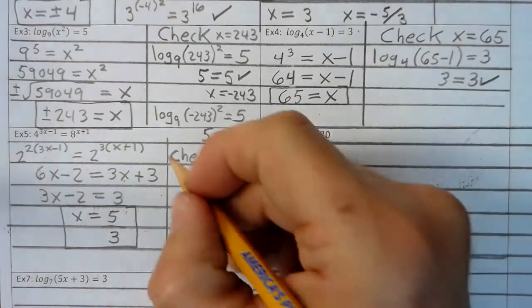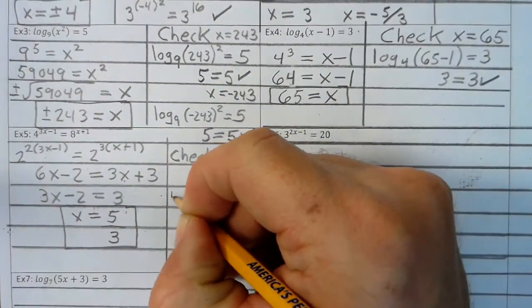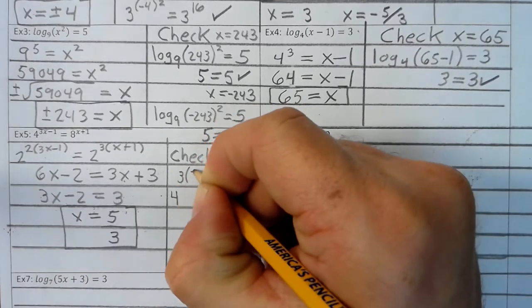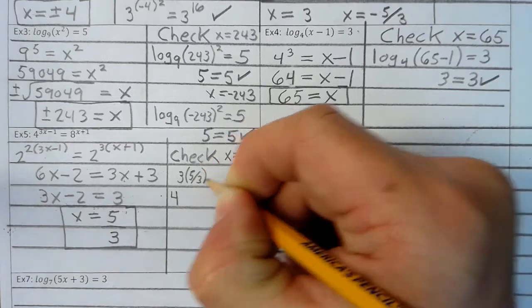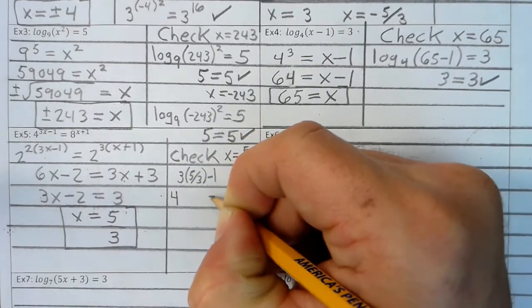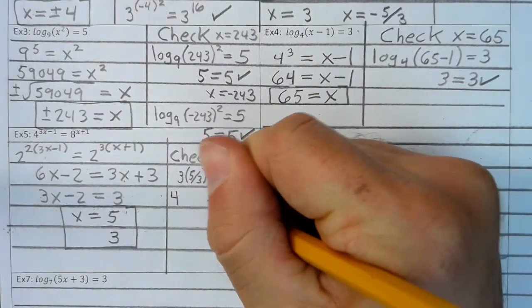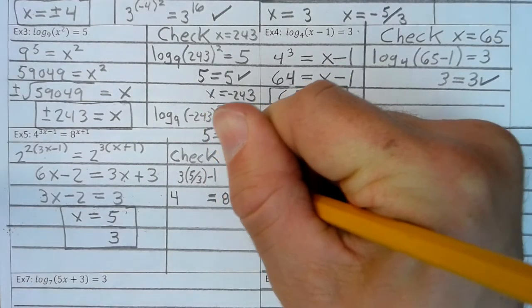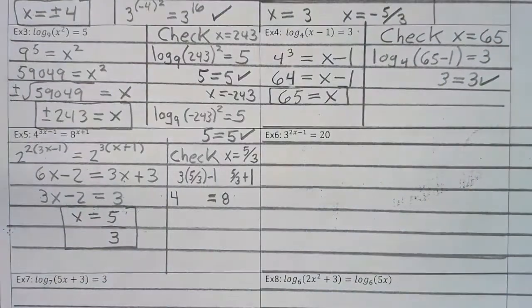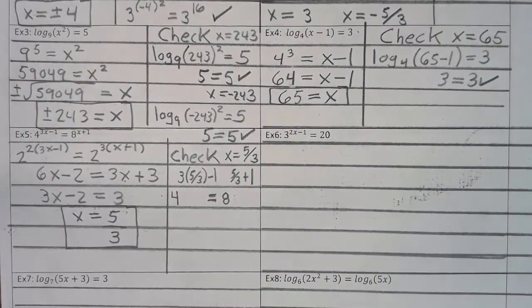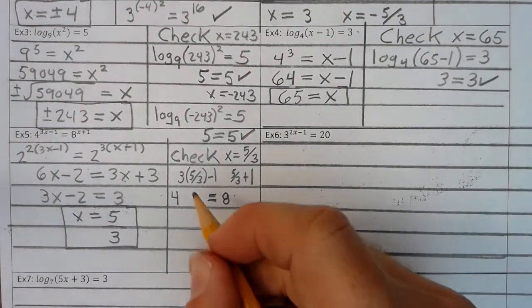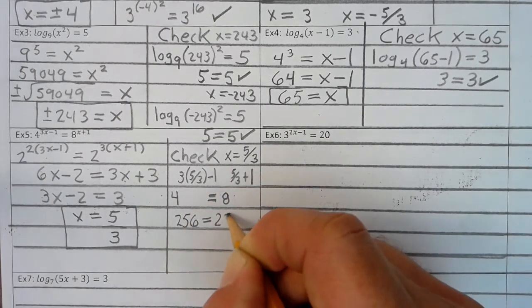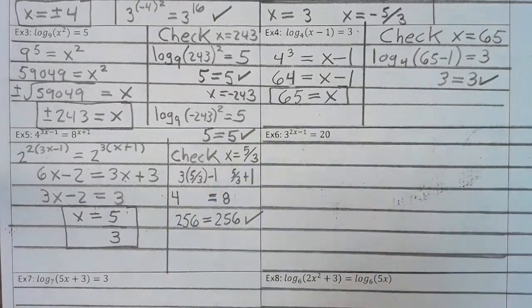So then that's 4 to the 3 times 5 thirds minus 1 equals 8 to the 5 thirds plus 1, which gives you a result of 256 equals 256, so it checks.